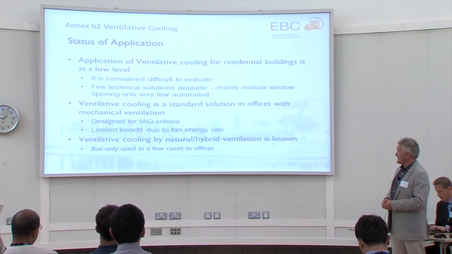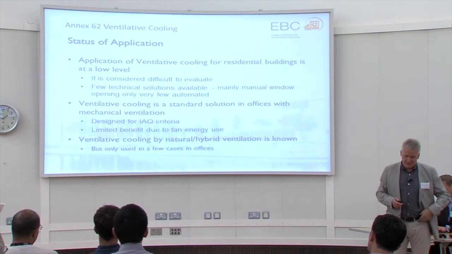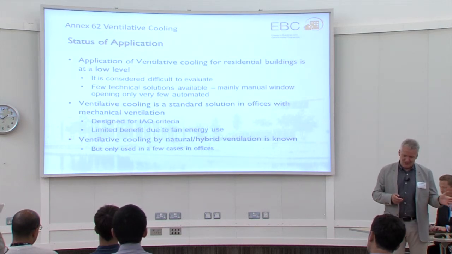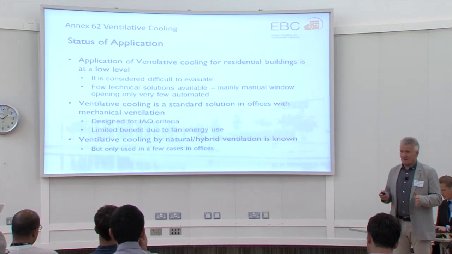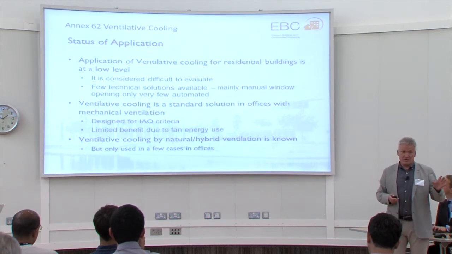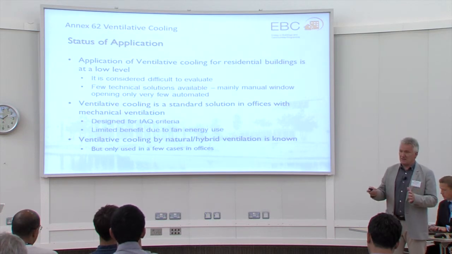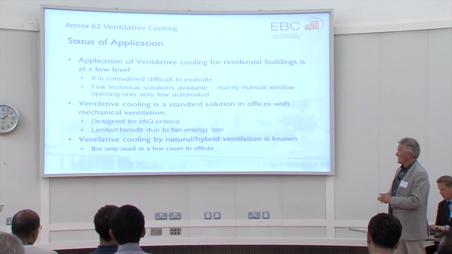If you look at the application of ventilative cooling, we could say that on one hand, ventilative cooling is not applied very much in residential buildings. I think the main reason for that is that it has not been an issue so far. Cooling has been limited to peak periods during summertime where it's very warm outside, and not been an issue you need to address in longer periods during the year.